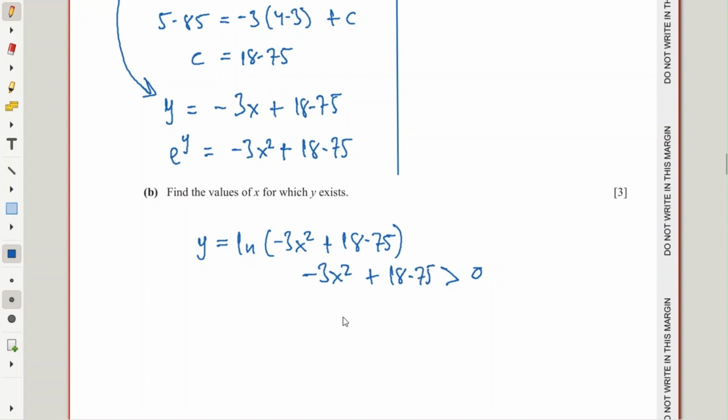Okay, so you're getting a quadratic with no x term. You have x squared, so it's a quadratic. So what can I do here? I can divide throughout by -3 and see what will happen.